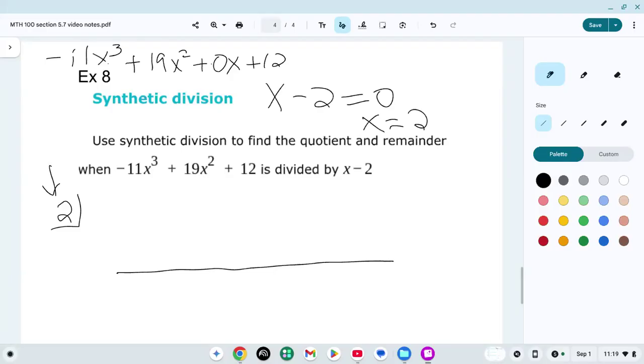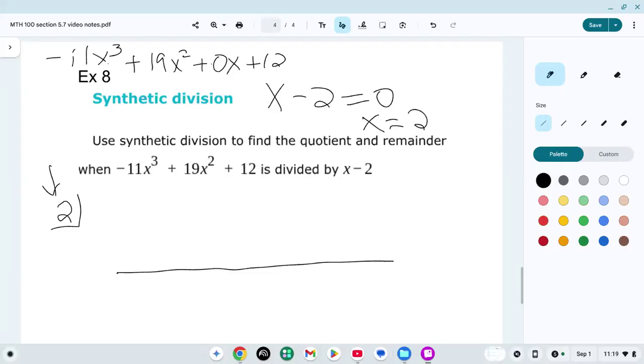If you have x to the third as your biggest exponent, you should have 4 terms. I now have 4 terms, even though one of them is simply a placeholder. If you had x to the 5th as your largest exponent, you should have 6 numbers. That biggest exponent plus 1 gives you the number of terms that polynomial should have.